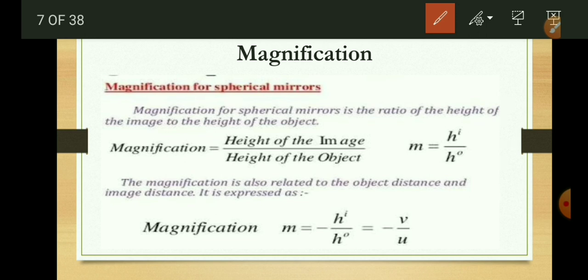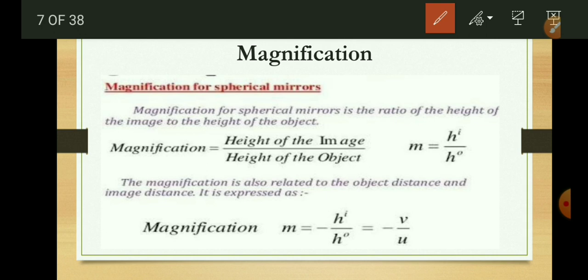The magnification m is also related to the object distance and image distance. It can be expressed as m is equal to h dash upon h is equal to minus v by u. As the object is placed above the principal axis, the height h is taken as positive.